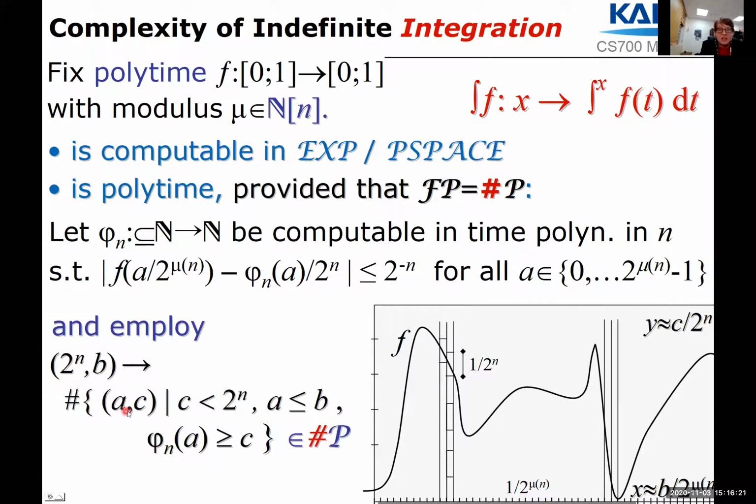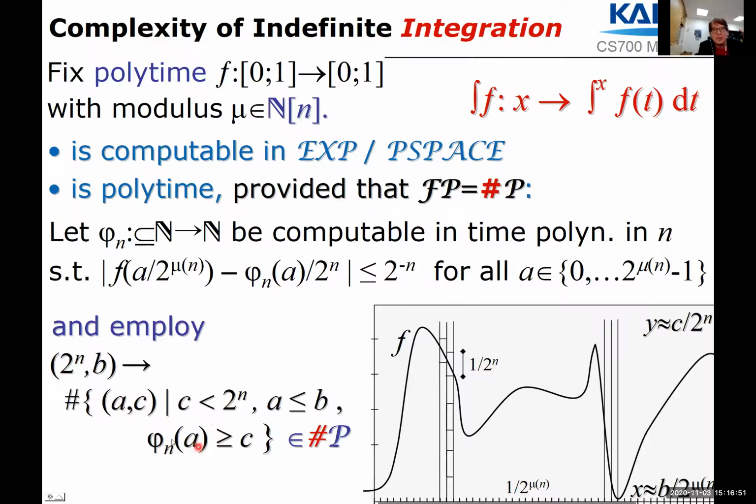Here, c is part of the witness, namely, we wonder whether there exists a subinterval indexed by a, so a ranges up to b, such that on this subinterval the function exceeds the value c divided by 2 to the n. So that means c is somewhere in the range between 0 and 2 to the n.